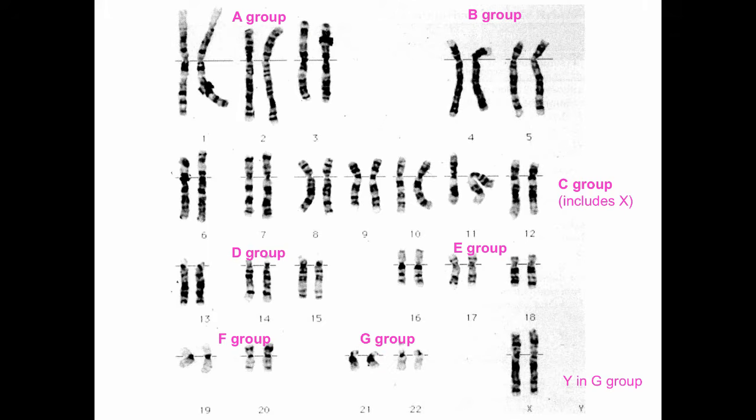You'll note that the chromosomes are arranged by size and by position of the centromere. The D group chromosomes 13, 14, and 15, and the G group chromosomes 21 and 22 happen to be the chromosomes that in humans contain the nucleolar organizer regions, and we'll talk more about those later.